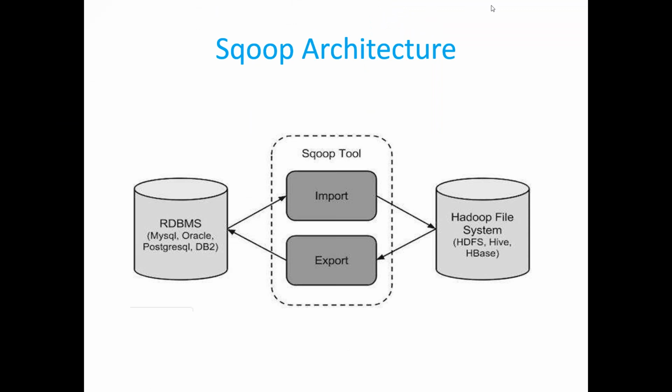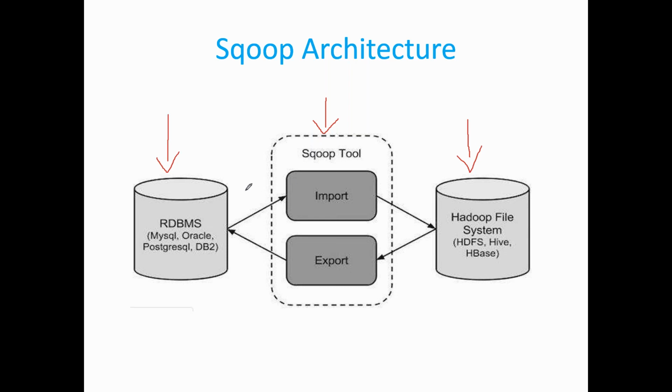There won't be any reduce related tasks in those jobs. So this is a very simple architecture of Sqoop. It can do only two things: import and export, nothing else. You have Sqoop in between, and on the left hand side you have relational databases such as MySQL, Oracle, etc. On the right hand side you have HDFS or Hive.